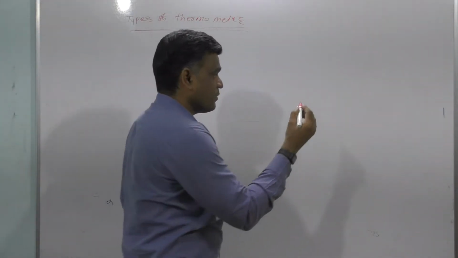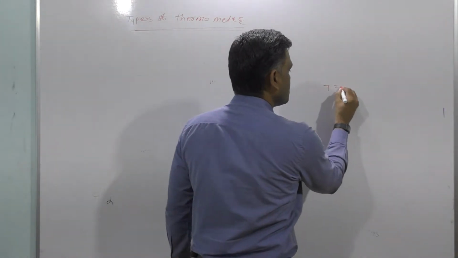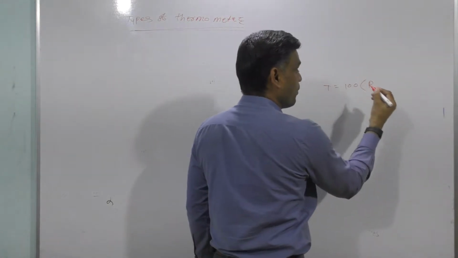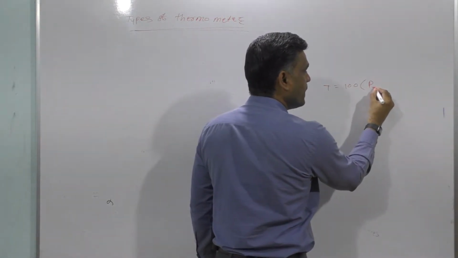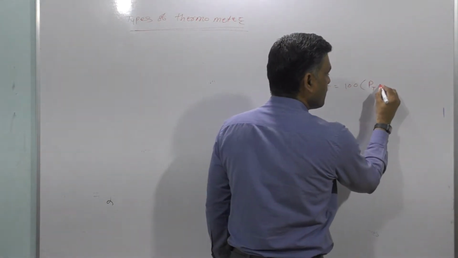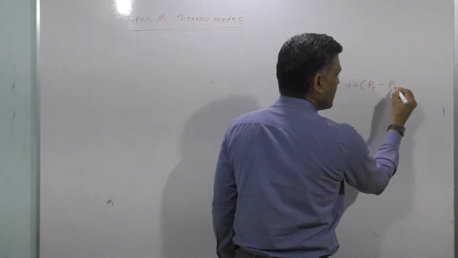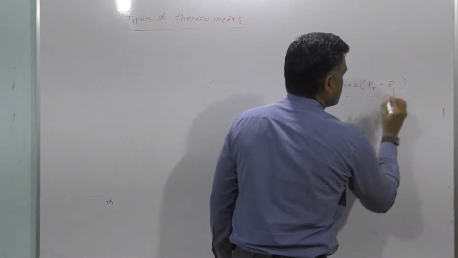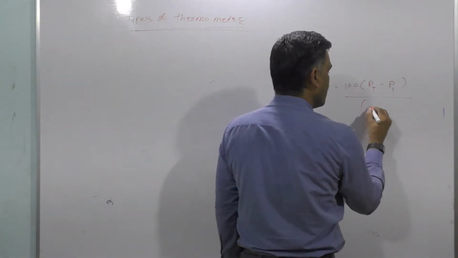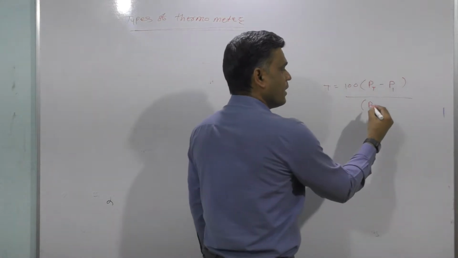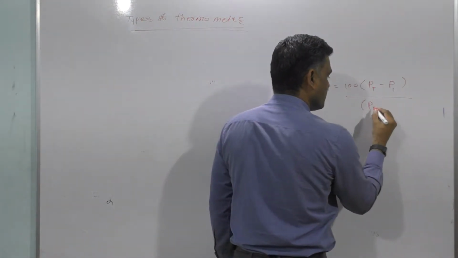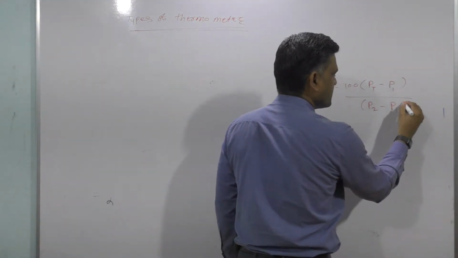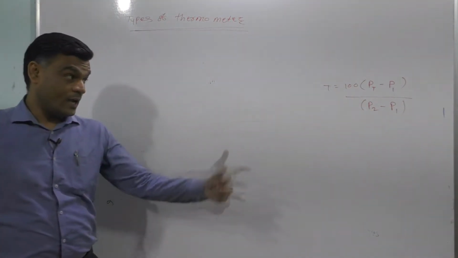In the last lecture we discussed the formula. Temperature T is equal to 100 times the physical property P at a given temperature minus the physical property at temperature T1, say the ice temperature, divided by the physical property at steam temperature minus the physical property again at the ice level.